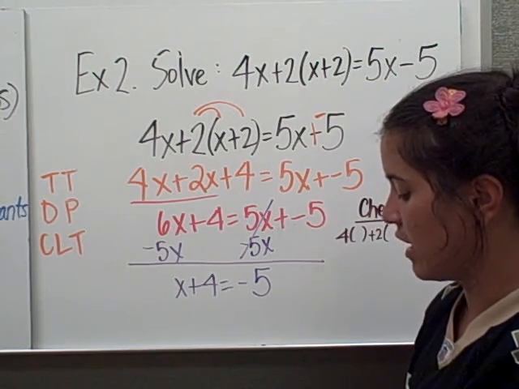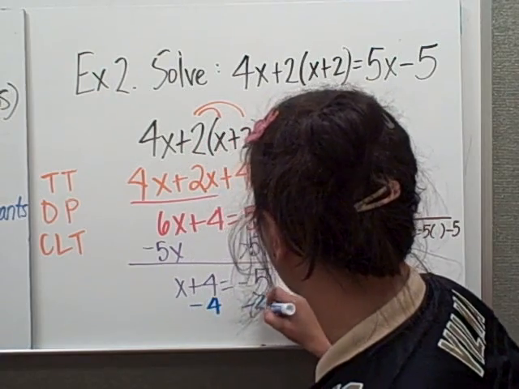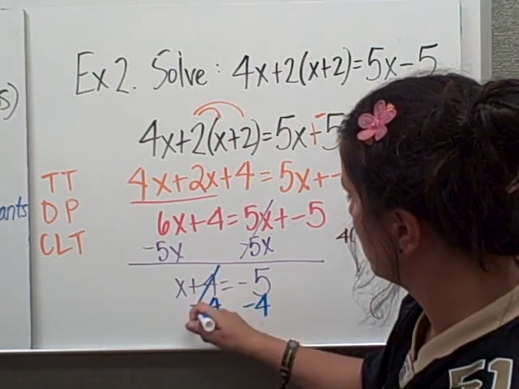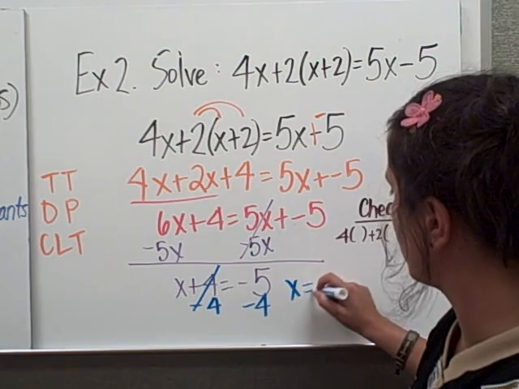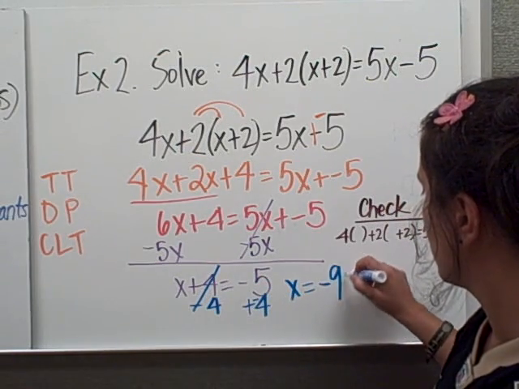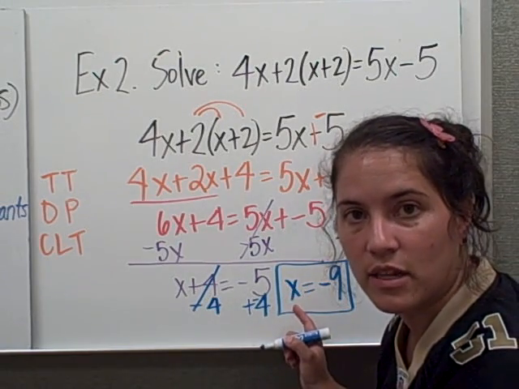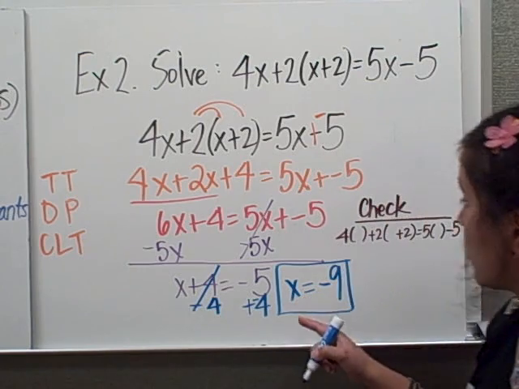We want to use the inverse of addition, which is subtraction. So we minus 4. And that leaves us with x, negative 5 plus negative 4 is negative 9. That's what I have as my solution, x equals negative 9, but let's check just to make sure.